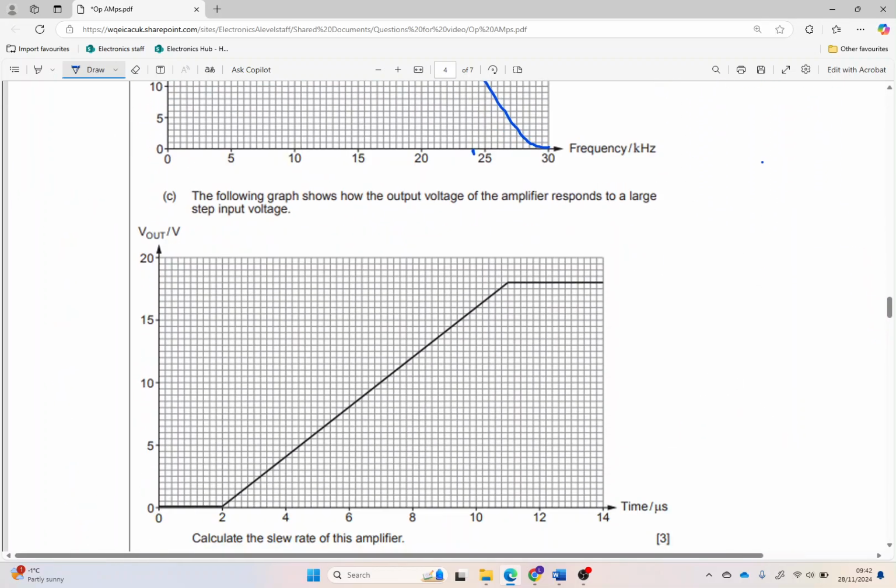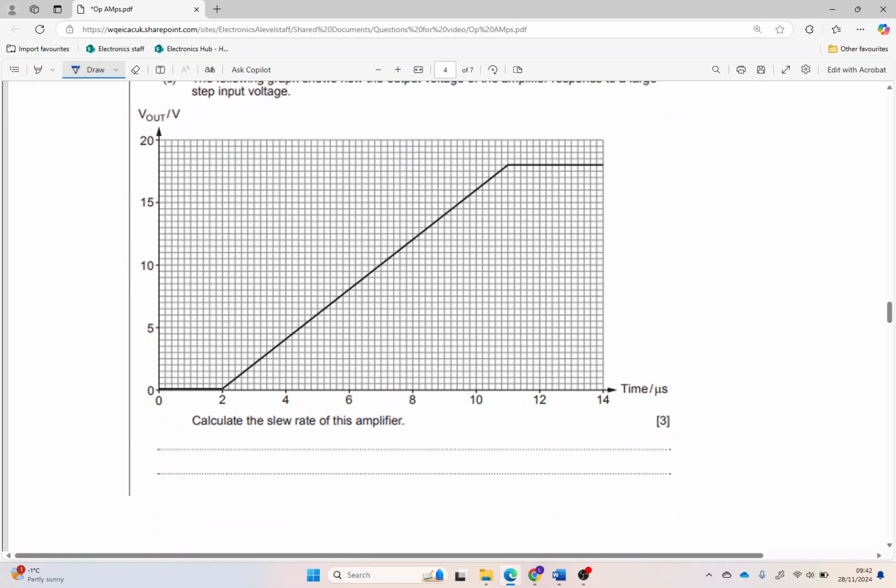Okay, so slew rate. The other formula for slew rate equals the change in V out over delta T, the change in time. Looking at our change in output, that line there is on 18 volts, so we've got a change from 0 to 18 volts.